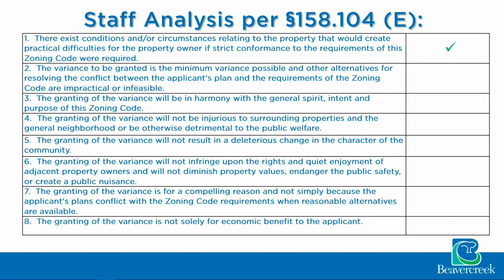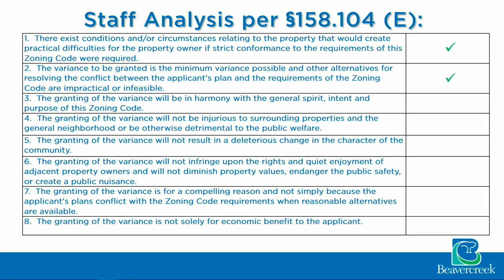And based upon that positioning of the building on the lot, staff feels that there is a practical difficulty as far as the availability of locations to put the cooler. The second criteria is that the minimum variance possible, and staff believes that it is because it's not encroaching that much into that rear yard setback, and there's still going to be ample space behind the structure.